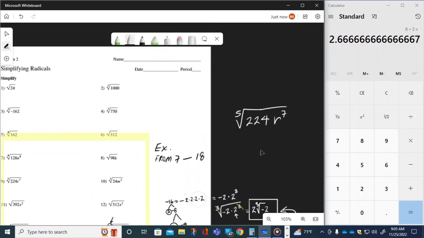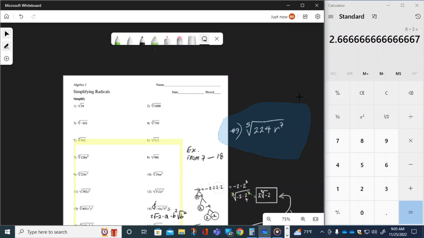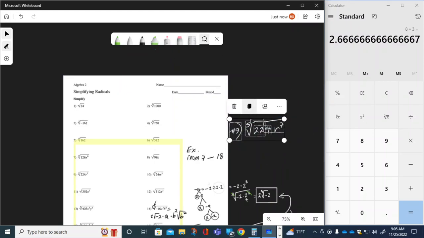And this is number 9, okay? Like so. Let me go ahead and move it so that we can have space to elaborate.